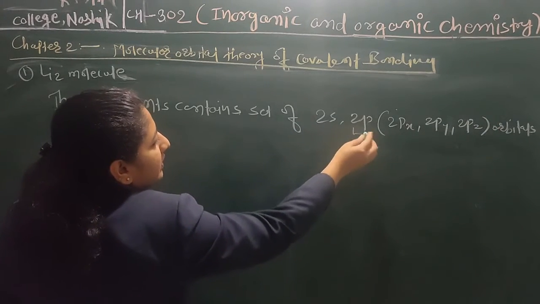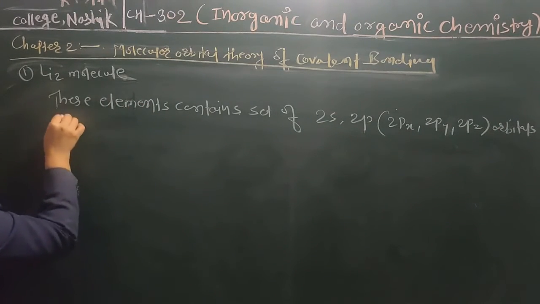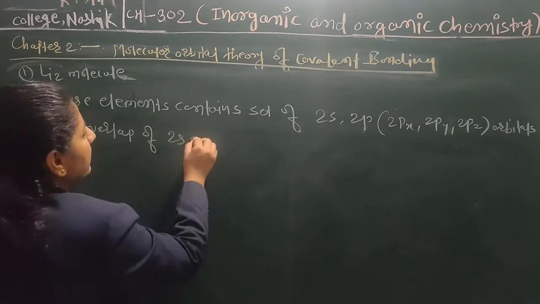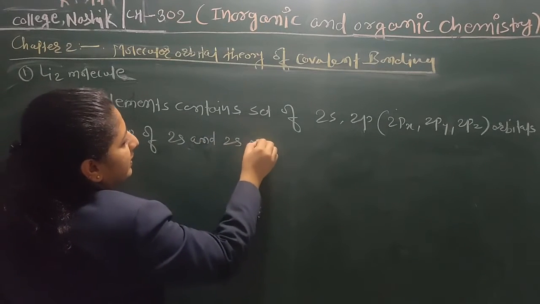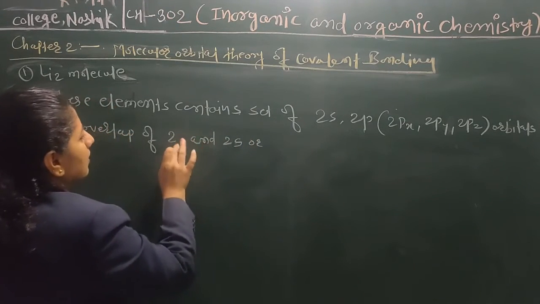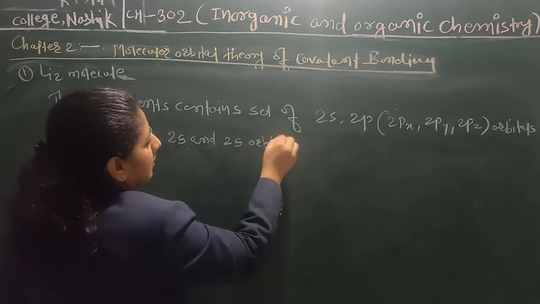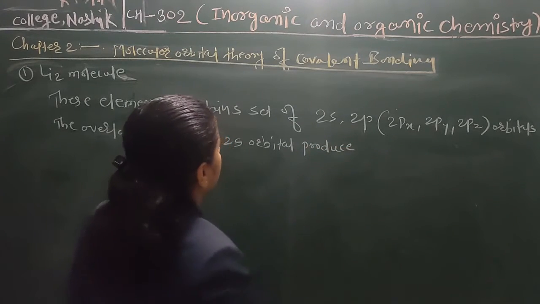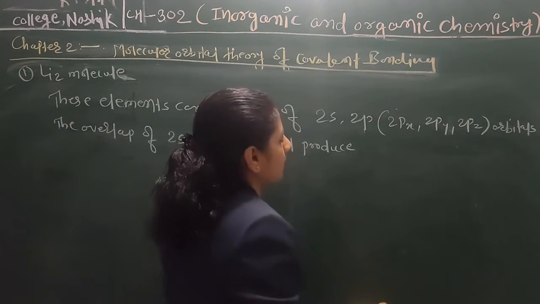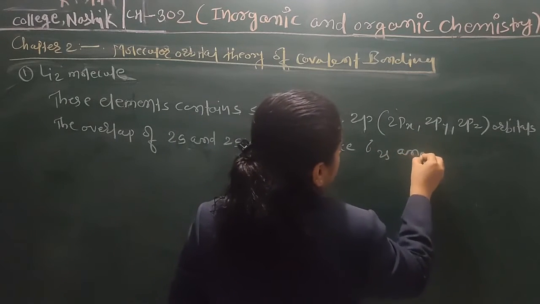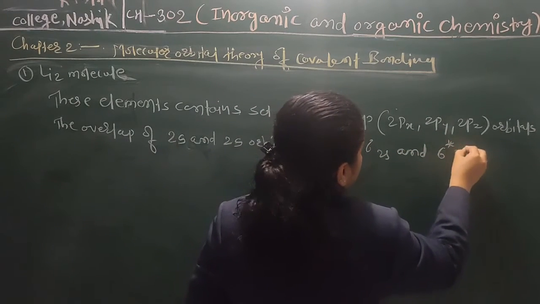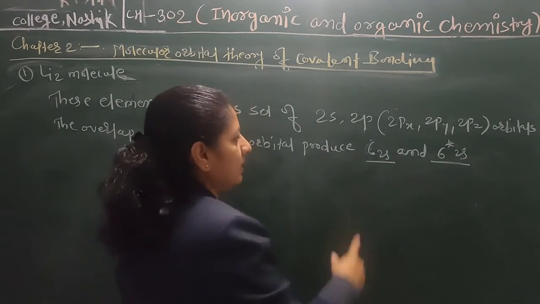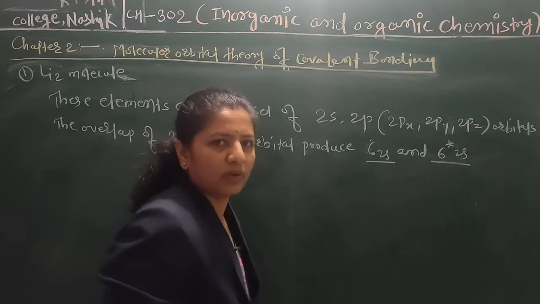Overlap of 2s and 2s orbitals produces sigma 2s and sigma star 2s, that is, a bonding and an anti-bonding molecular orbital.